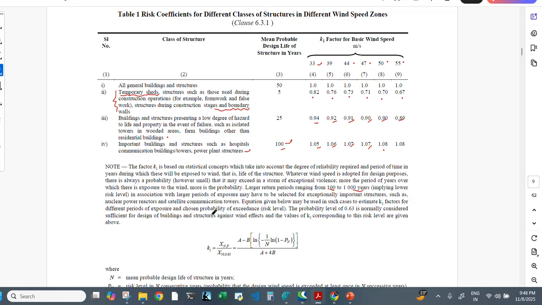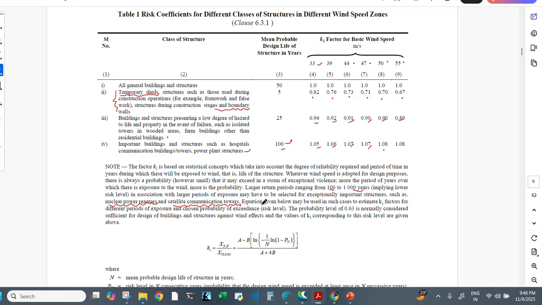Whenever there is a larger return period, 100 to 1000 years, a lower risk level in association with the larger period of exposure may have to be selected for exceptionally important structures such as nuclear power plants and satellite communication.